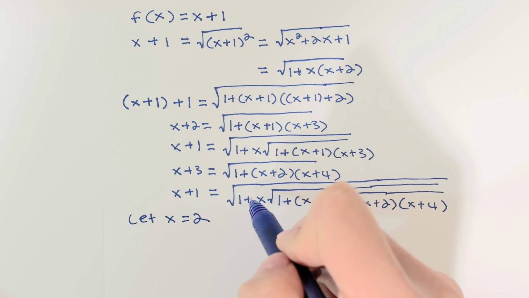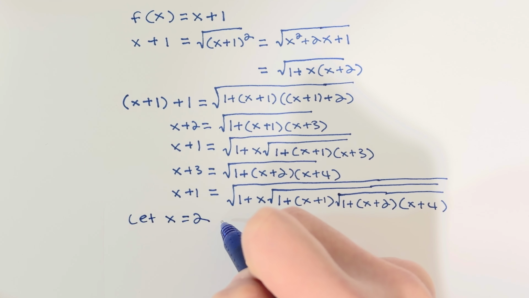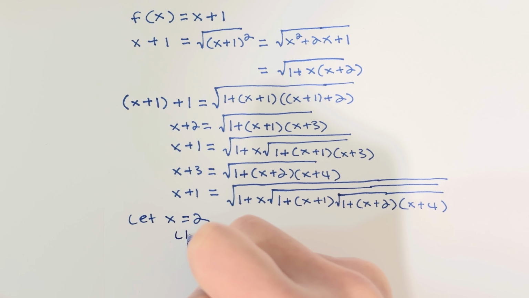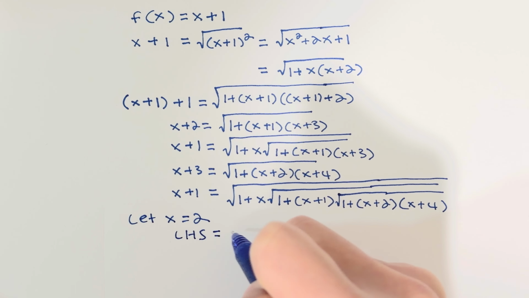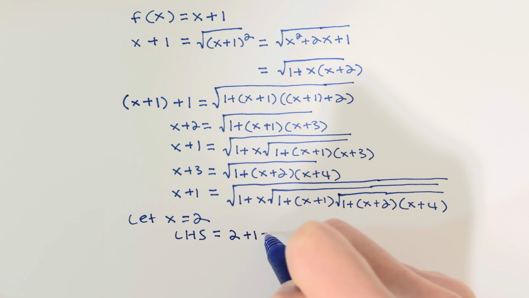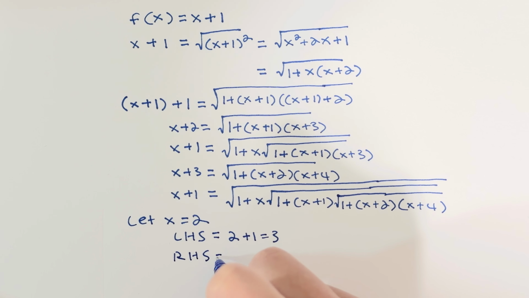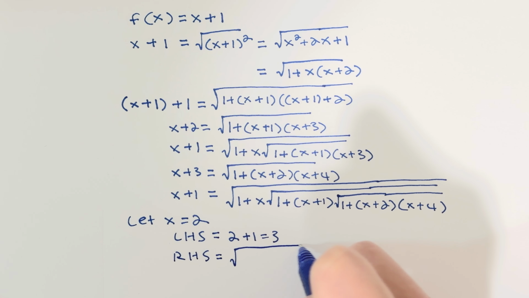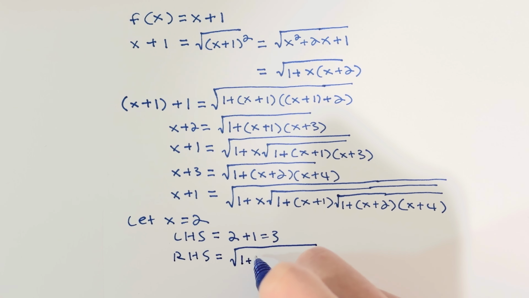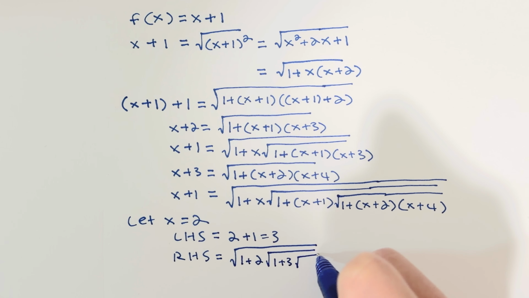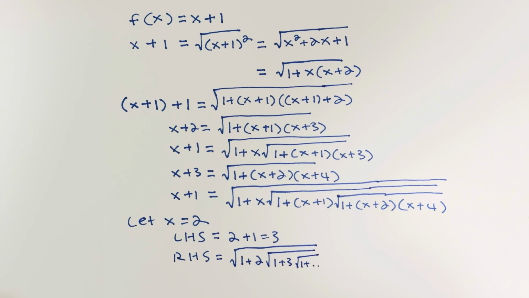Then the left side of our equation is 2 plus 1 equals 3. And the right-hand side becomes the square root of 1 plus 2 times the square root of 1 plus 3 times 1 plus, to infinity.